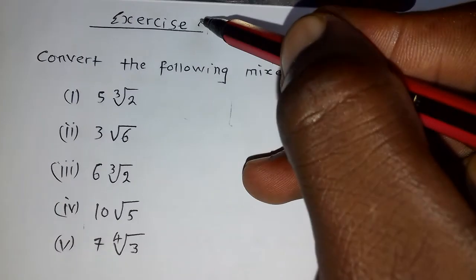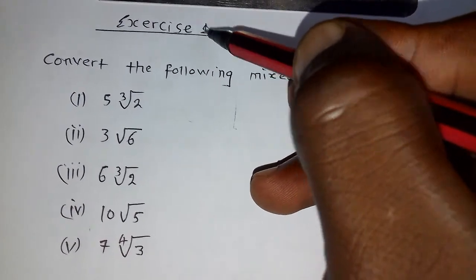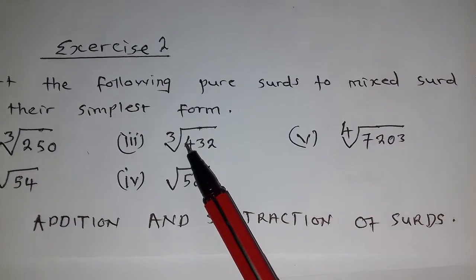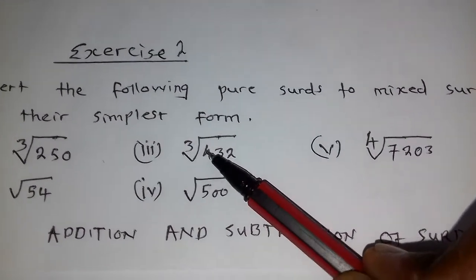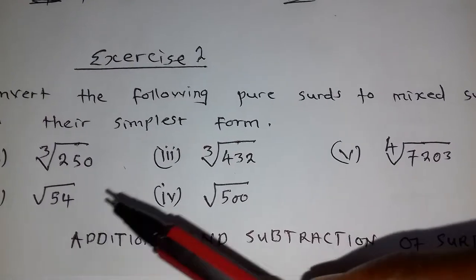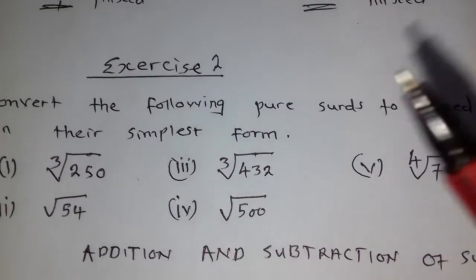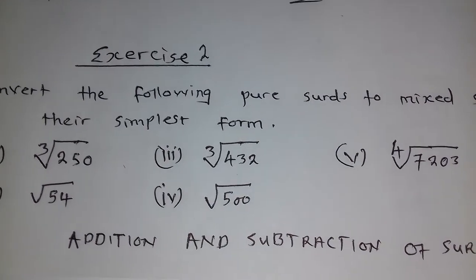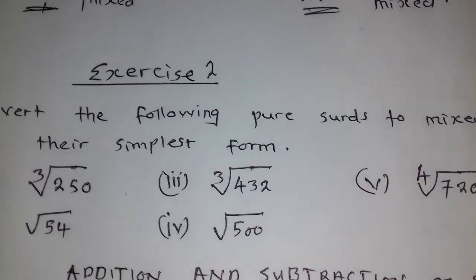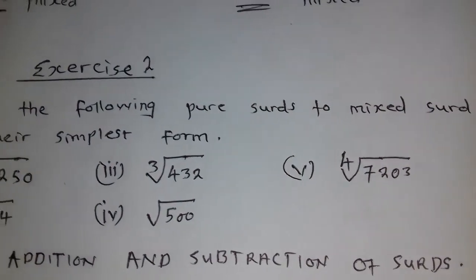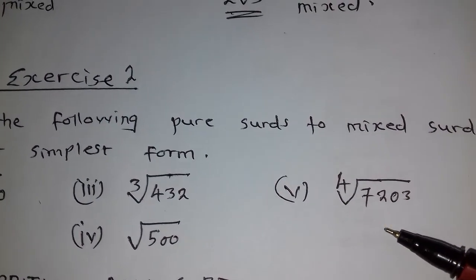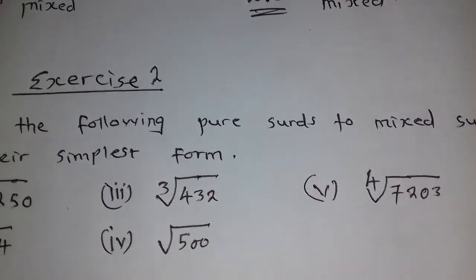We can call this one exercise number 1. So we find that question 2 of exercise 2 is the answer to question 2 of exercise 1. Question 3 of exercise 2 is the answer to question 3 of exercise 1. Question 4 of exercise 2 is the answer to question 4 of exercise 1, and question 5 of exercise 2 is the answer to question 5 of exercise 1.